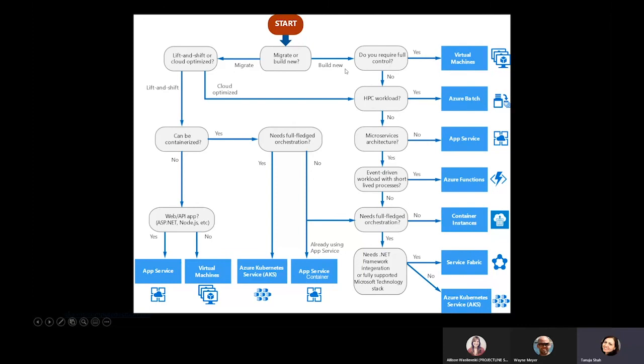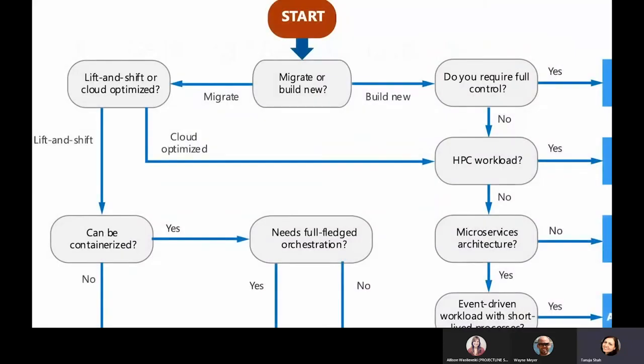If it is not new, it's an existing workload, can you migrate it from your on-premises to the cloud platform? Yes, you can. And will it be lift and shift or cloud optimized? So if it is cloud optimized, then you have to start thinking about, well, if I'm going to optimize it, what are my options?